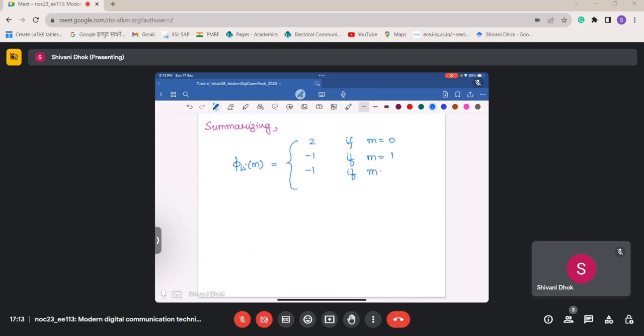If m equals minus 1, it is minus 1. It is 0 otherwise. And this thing here is nothing but the autocorrelation of the sequence I_n. Any questions?